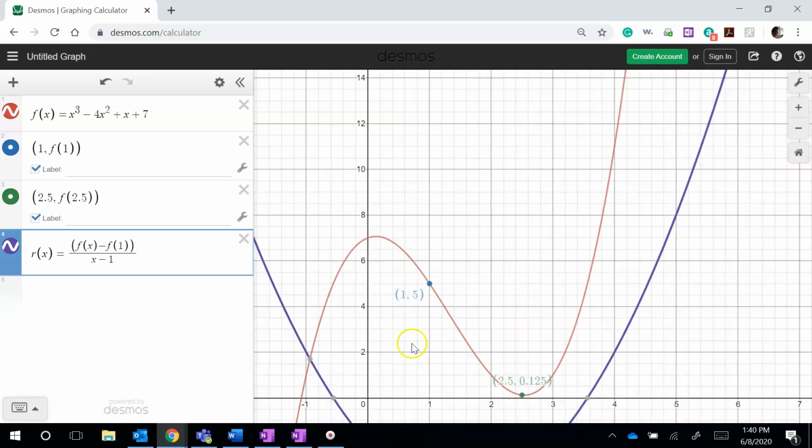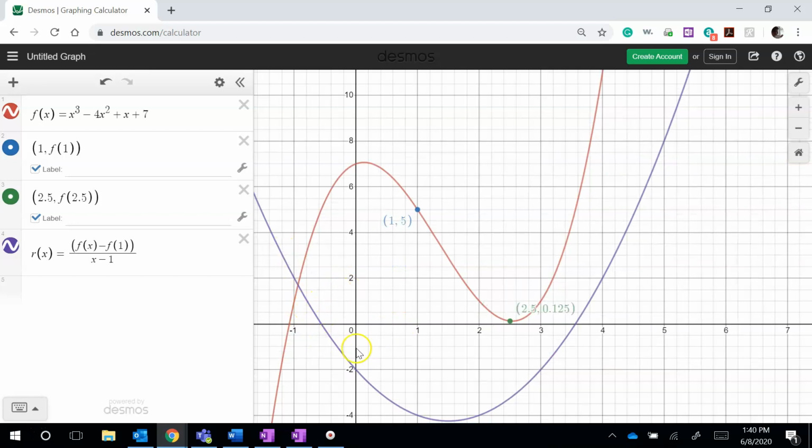That function is this purple thing, which looks a little bit weird here, but it would tell me at 0, the difference quotient at 0, that rate of change from 0 to 1, was negative 2, from this point (0, 7) to the point (1, 5). That average rate of change from there to there was negative 2.